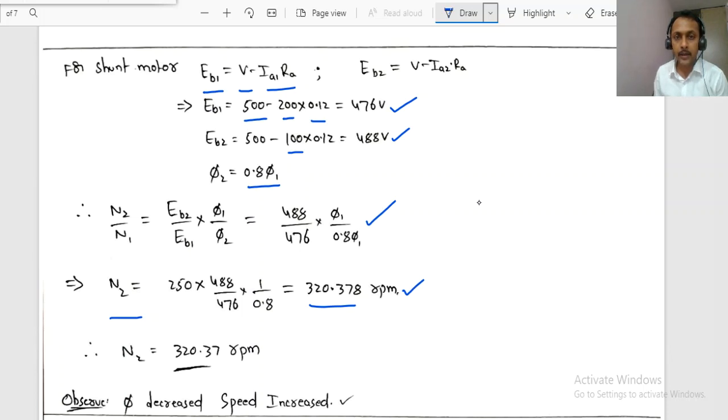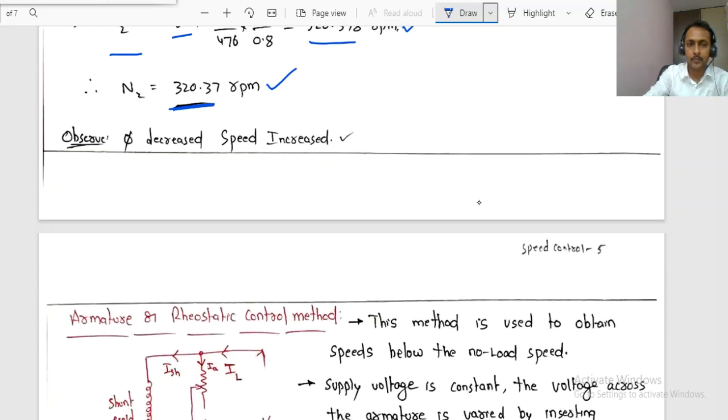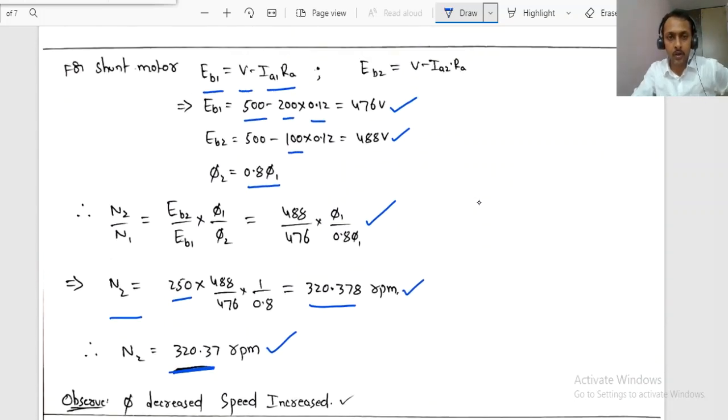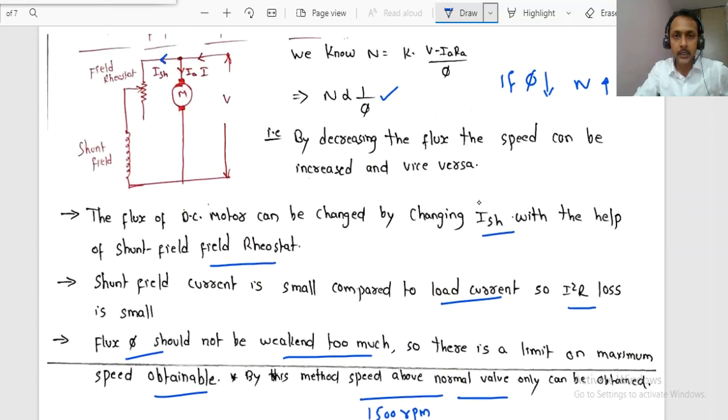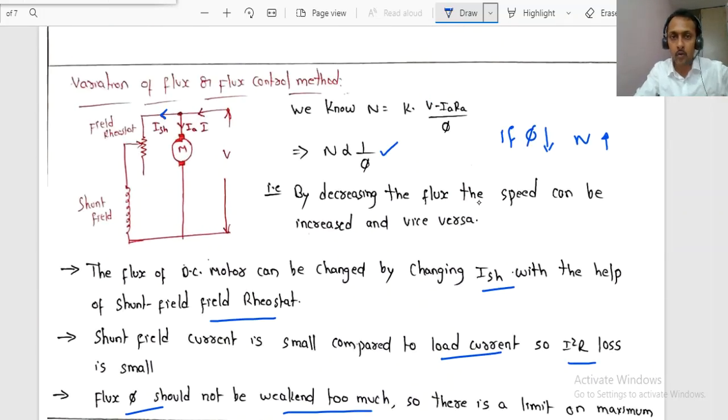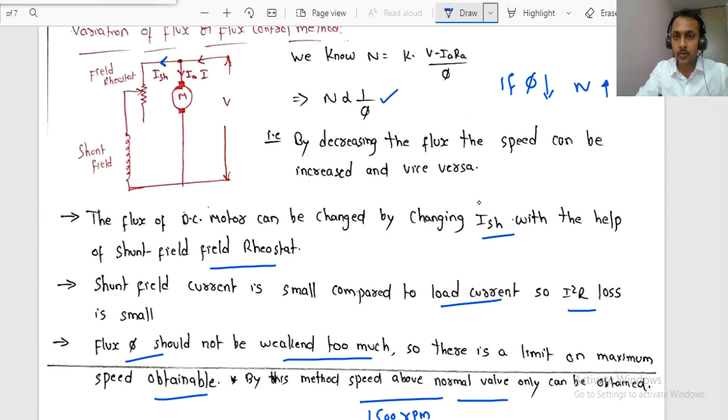Observe, by decreasing the flux, the speed has increased. Previously, it is only 250 RPM. Now it became 320 RPM. Clear? Yeah, that is the observation we can make. So, dear students, observe in this entire session, you are controlling the speed by changing the amount of current flowing to the field winding. Because of that, the flux will change.